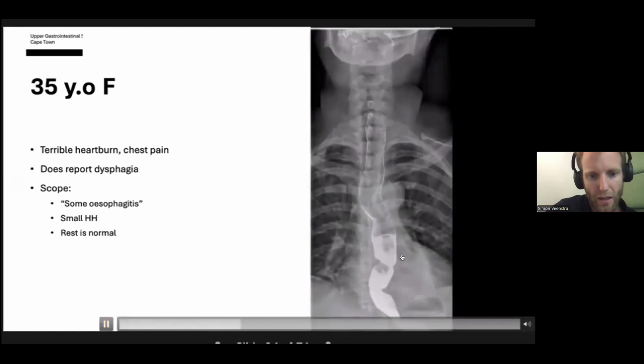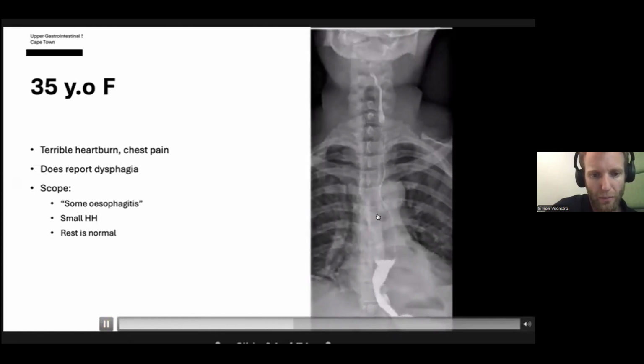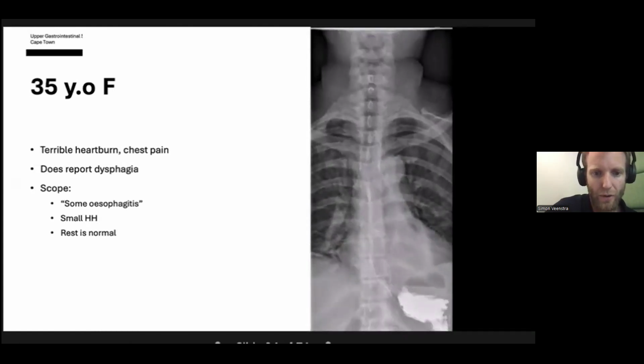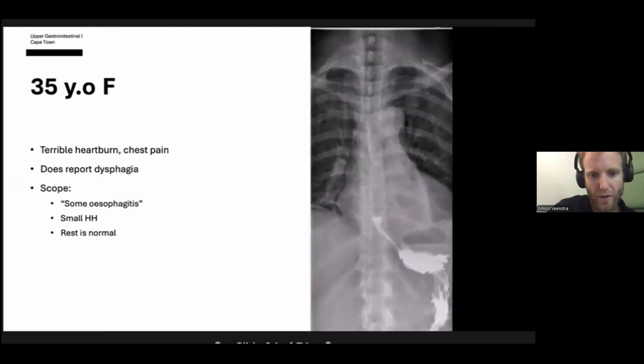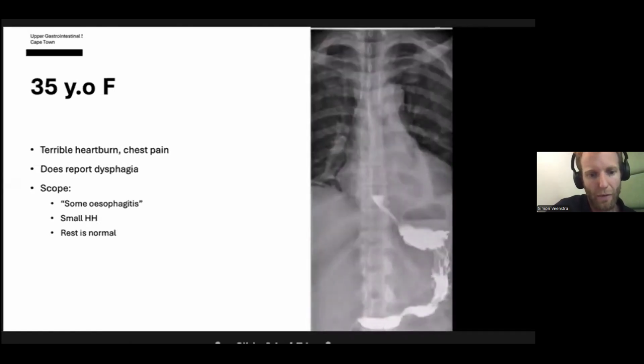When we look at the esophagus, we use the vertebral bodies as a reference, 50% of the vertebral body as a guide. So if the esophageal diameter is wider than that, then we're concerned that there's dilatation, and it's probably borderline.